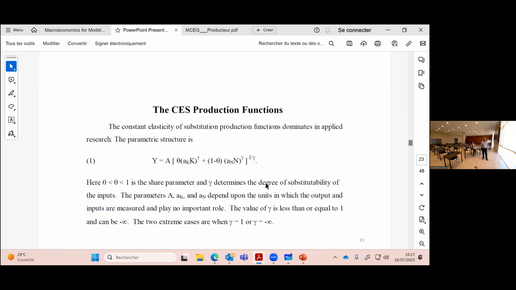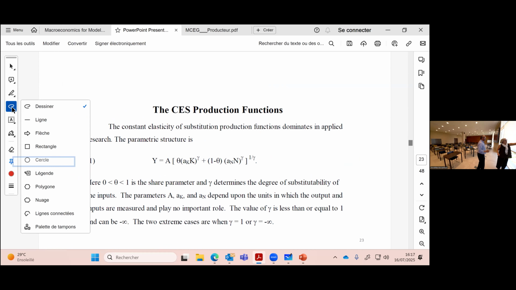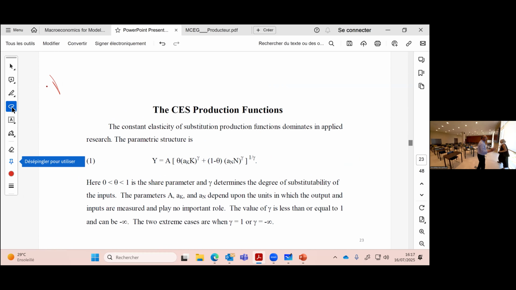Okay, thanks. So, here you have a specification. You have here the specification of a CES production function.